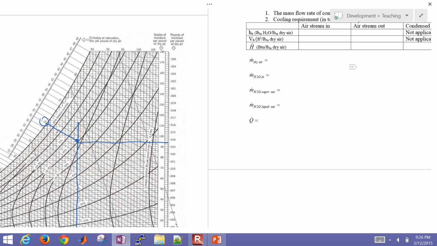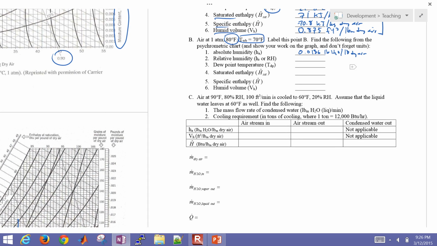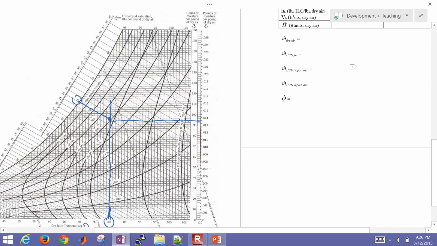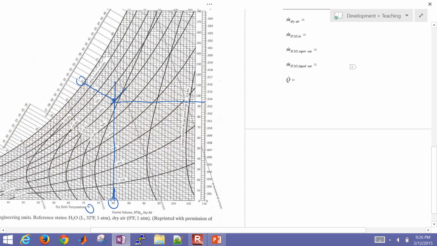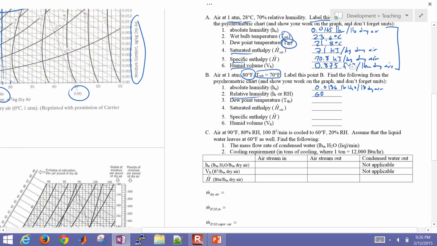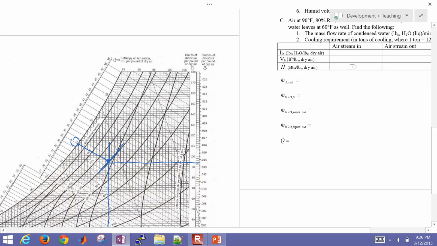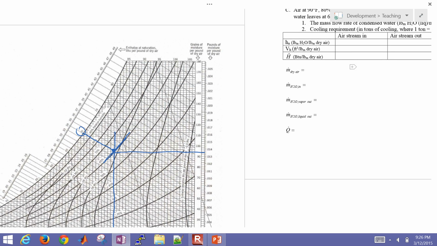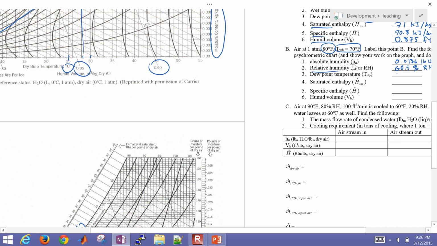The next one is the relative humidity. Let's find out what line this is on right here. This is about 60, just a little bit over, about 60.5% relative humidity. Let's get the dew point temperature. Trace this straight over, and that's about 65 degrees Fahrenheit.